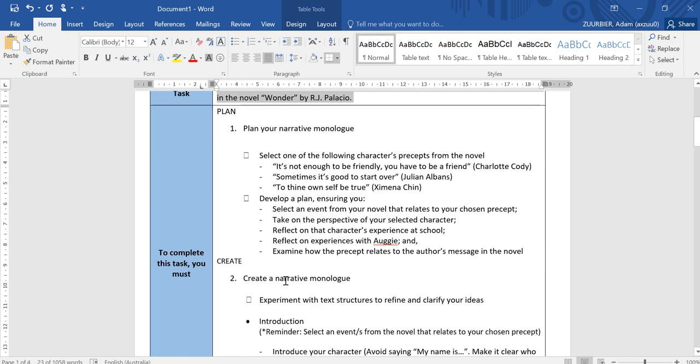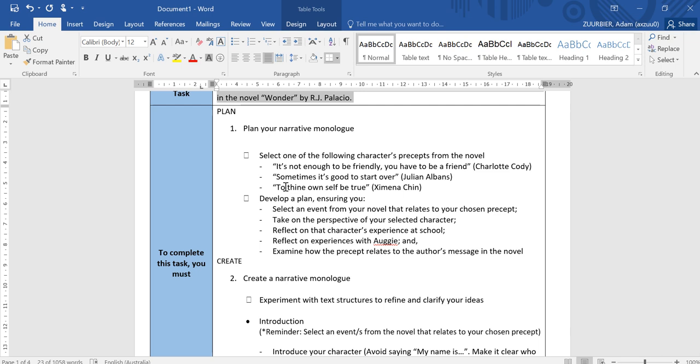Now, all this information here on the task sheet tells you step by step what it is that you need to do. So you need to select one of the following characters, and these are the options that you have: Charlotte Cody, Julian Albans, and Jamina Chin. You can see here that there are three different precepts that they have.